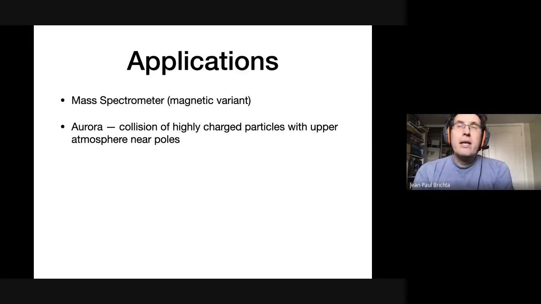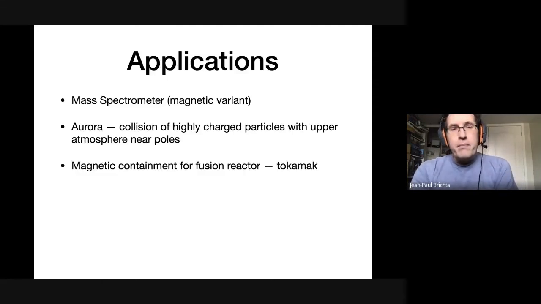As those highly charged particles move close to the Earth, they follow the magnetic field lines and collide with the upper atmosphere, producing those beautiful auroras, the northern lights, or southern lights if you're in the southern hemisphere. I already mentioned the magnetic containment for those tokamaks, those fusion reactors.